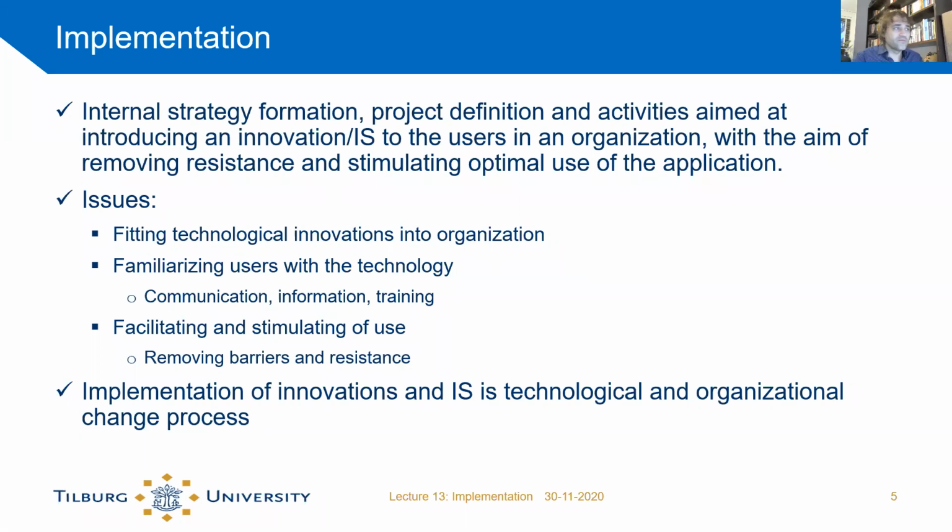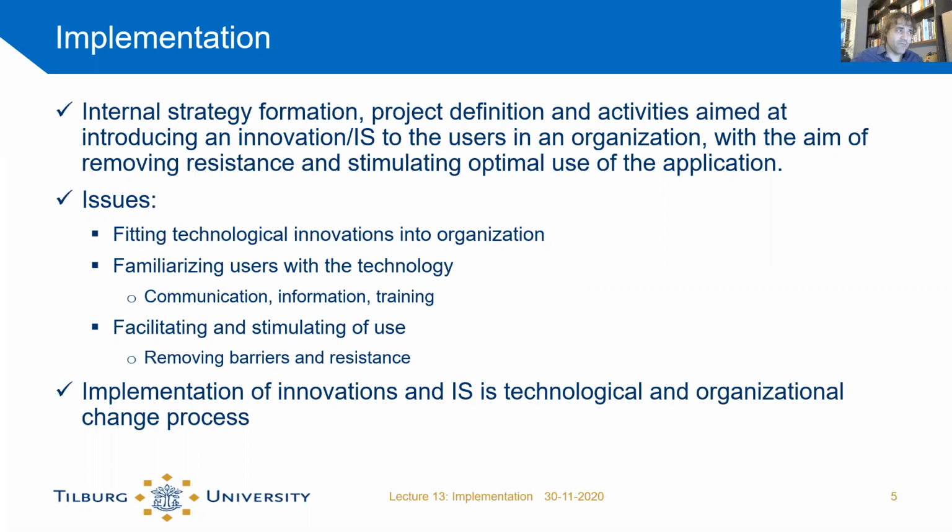So what is implementation? Well, implementation basically means that you formulate a strategy and formulate a project surrounding the strategy with the aim of introducing an innovation or information system or technology to an organization, specifically to the people in our organization who have to use that technology.